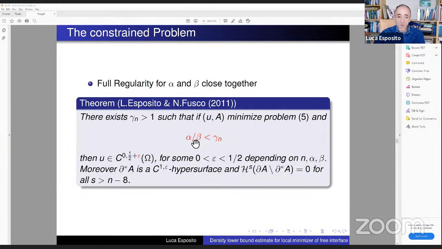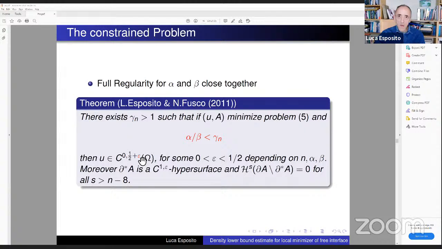You know that when this ratio is equal to gamma n, you don't have any information, so this goes to zero.